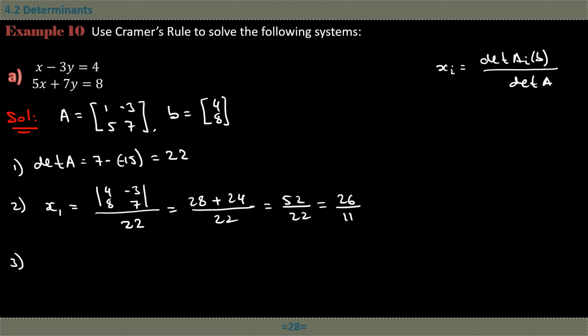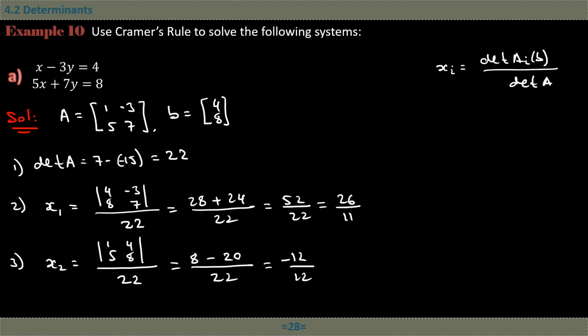And the third step, how about x2? Now the second column should be replaced by vector B. The first column of A is 1, 5. Second column is 4, 8. And the determinant of A is equal to 22, so it is 1 times 8, minus 4 times 5, 20, over 22, which is equal to minus 12 over 22.